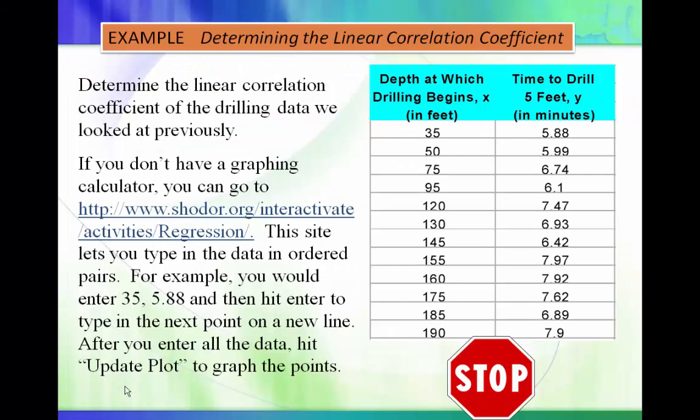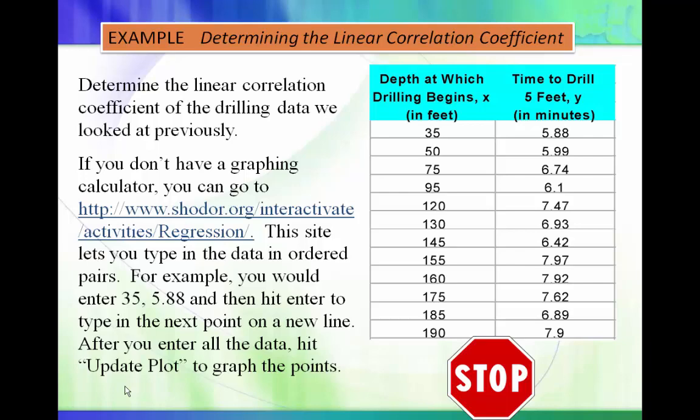Now let's go back to our drilling data. Determine the linear correlation coefficient of the drilling data we looked at previously. If you don't have a graphing calculator, you can go to the Schroeder site. This site lets you type in data in ordered pairs rather than having to click like I just did on the previous site. For example, you would enter 35, 5.88 and then hit enter to type the next point on a new line. After you enter all the data, hit update plot to graph the points.